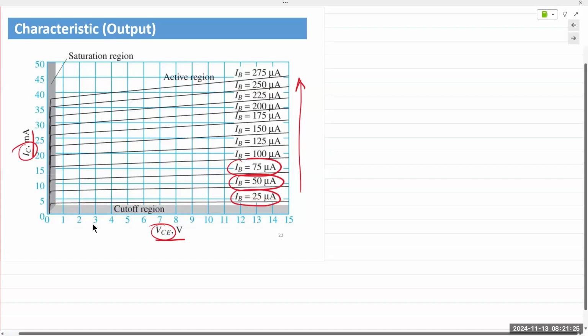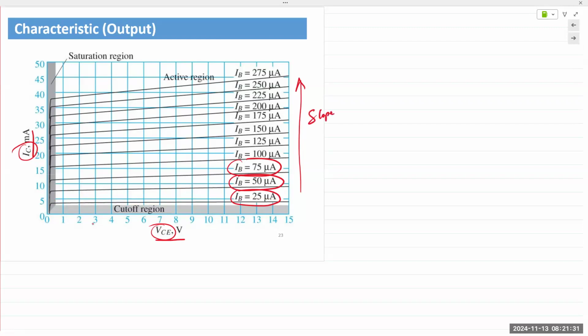I would say almost a flat line because at the lower input currents, it's flat. But as you go higher up, the slope increases just a little bit. And there is a reason for that, and we will talk about that later. So you can see that there's a slight slope.